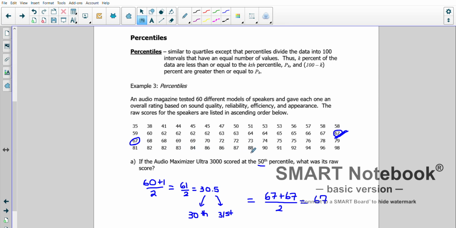Here's the 54th data point, and here's the 55th data point. So this is the boundary right here. 90% of the data is below this boundary, because 54 data points is 90% of the data. 10% of the data points are above it. So it's going to be an average of these two data points.